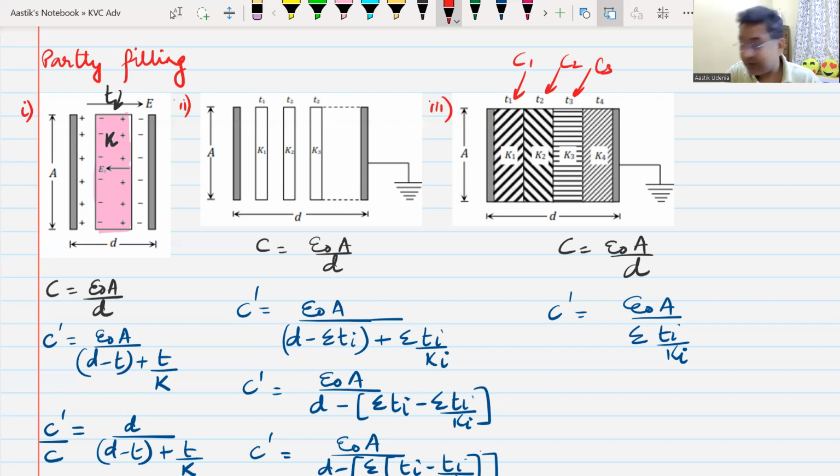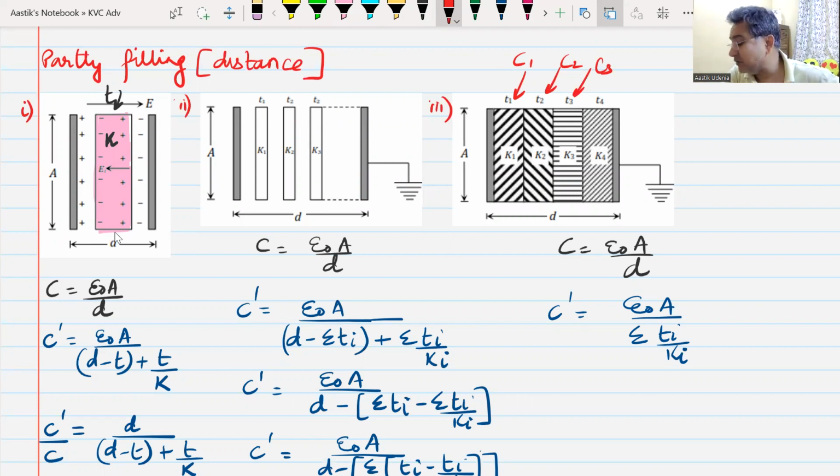Okay. Now this is one type of distribution where they are completely filling up the area and the distance is divided. This type of filling, partly filling, is known as distance division, because they are dividing the distance. Do we understand this? Partly filling distance wise.